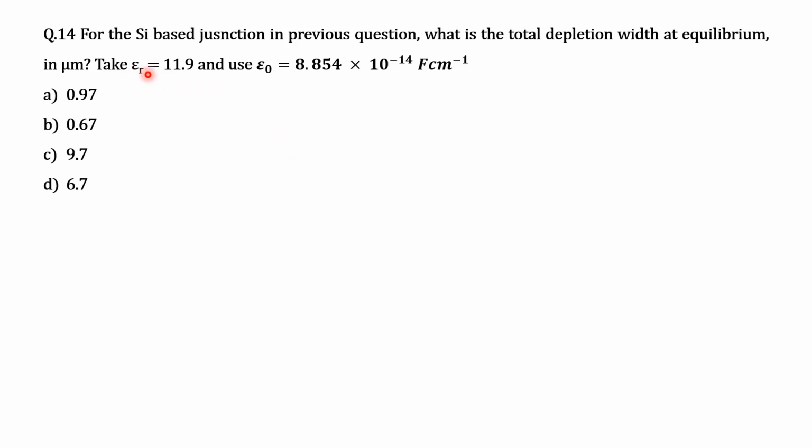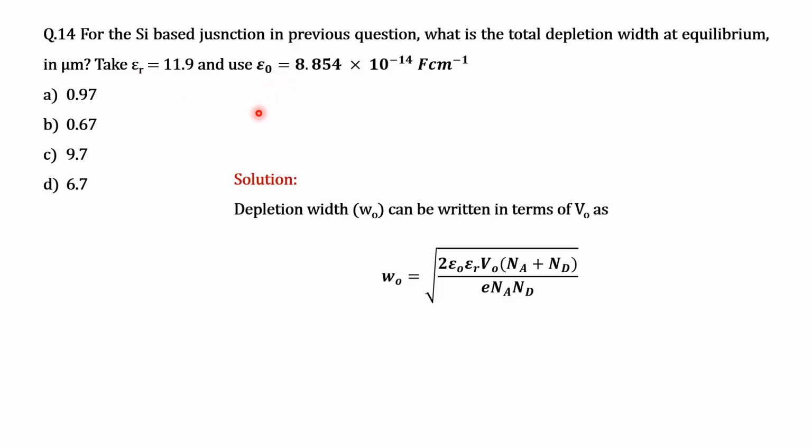This is the relative permittivity and this is the permittivity of free space, right? So using the equation, depletion width can be written in terms of V0 as the square root of 2 times epsilon 0 epsilon r V0 into Na plus Nd by e into Na Nd.